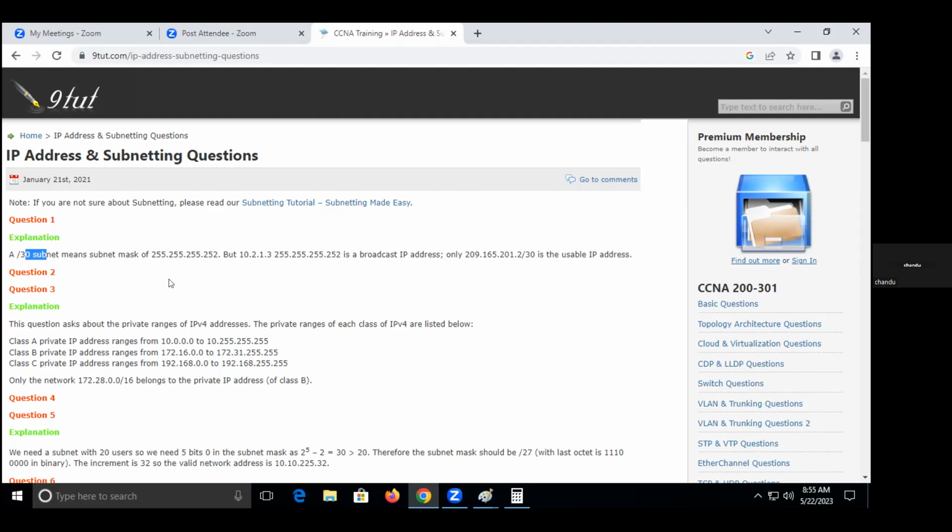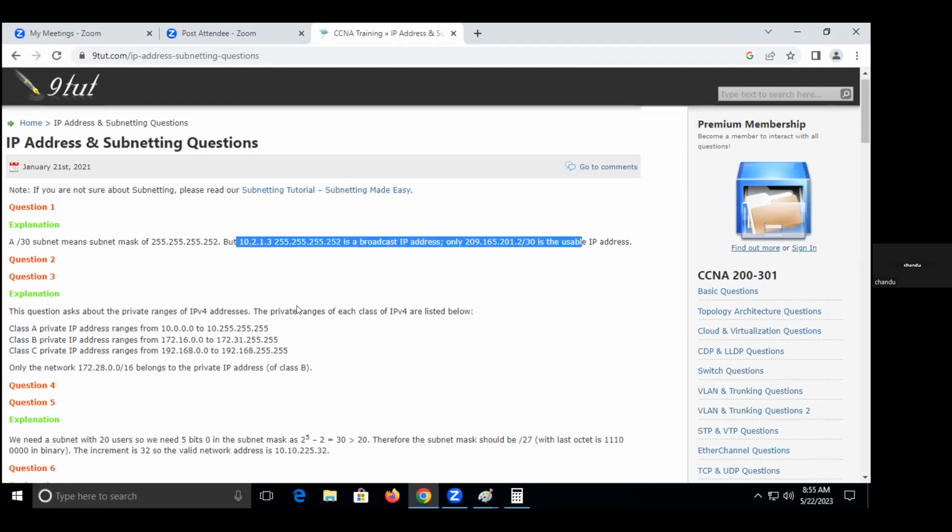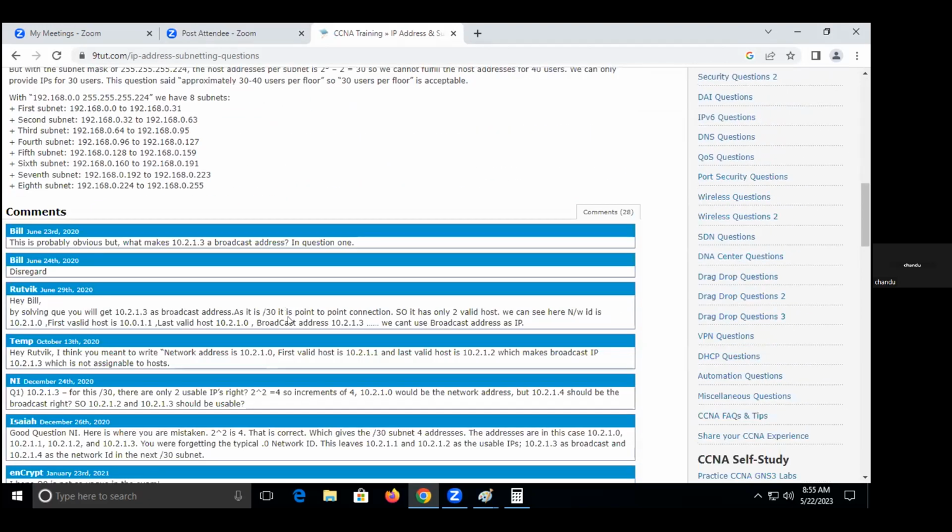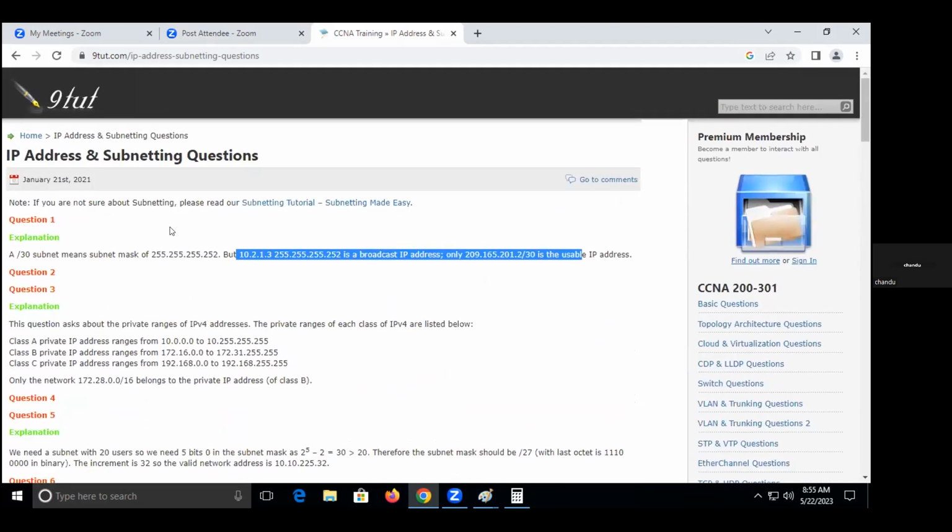I'll explain /30 with another example to help you understand. When you prepare these questions and answers, read the question and remember the answer. But I cannot remember all the big questions.